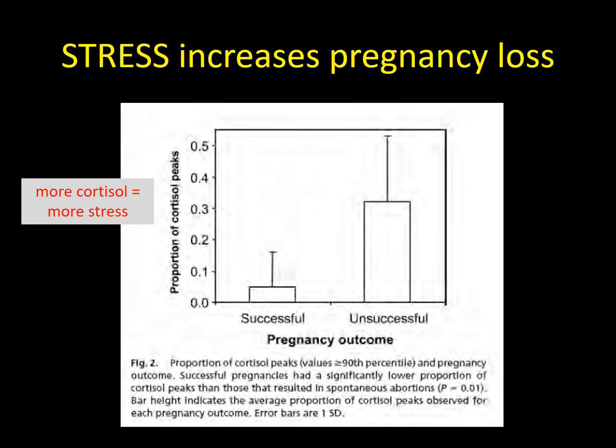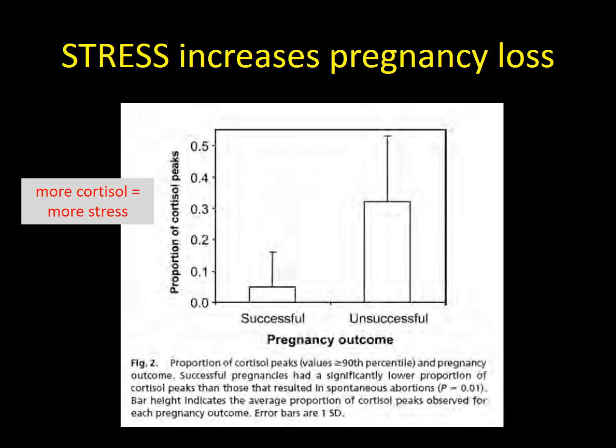This is another well-studied phenomenon, the effect of stress on pregnancy outcome. And in this study, these were women who recognized that they had become pregnant, and they followed them through to see if the pregnancy ended successfully or if sadly the woman experienced a spontaneous miscarriage.